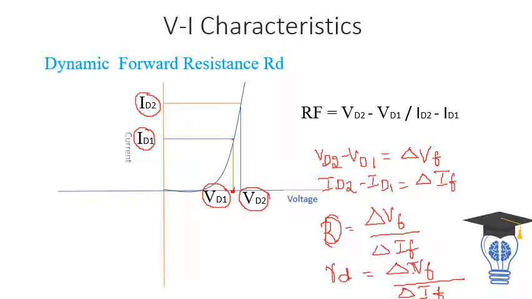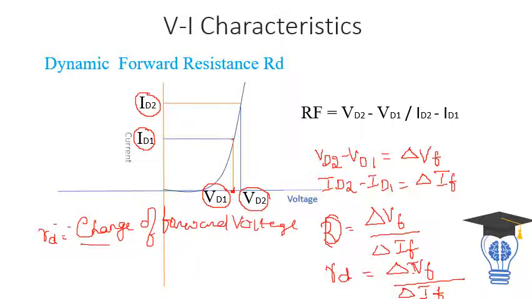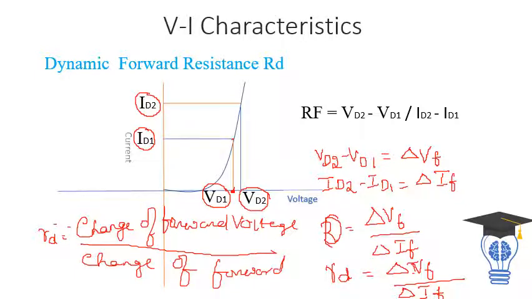Dynamic resistance is the change of forward voltage to the change of forward current, delta VF by delta IF.